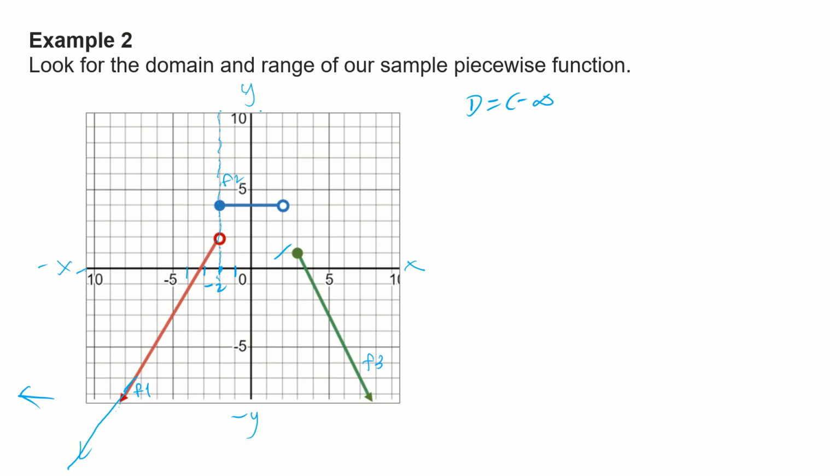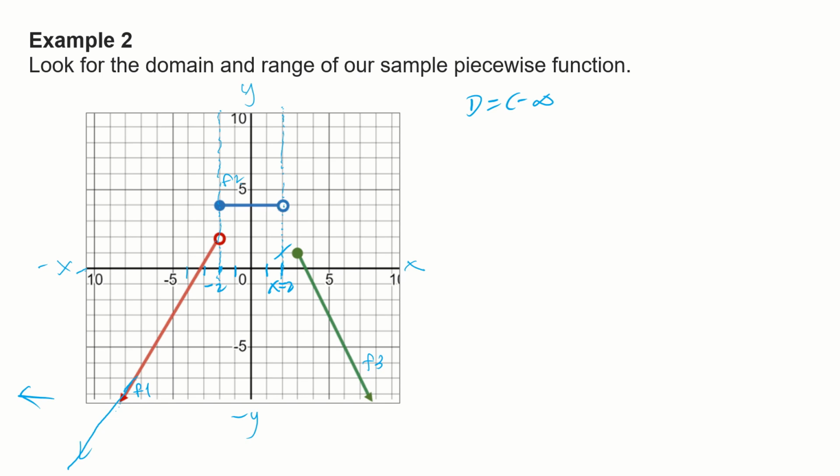Again, if we move our vertical line, you'll notice as we reach x is equal to 2, here, this is 1, this is 2, at x is equal to 2 there is a hole.